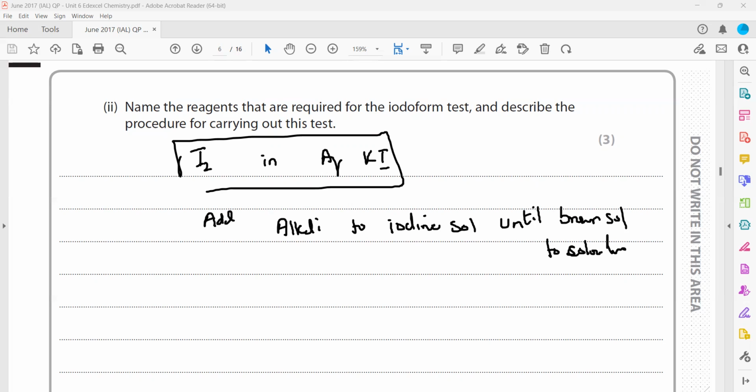For iodoform, it gives a yellow precipitate. So add alkali to iodine solution until the brown solution turns colorless, and then this is mixed with the organic substance, and as a result it will form a yellow precipitate.